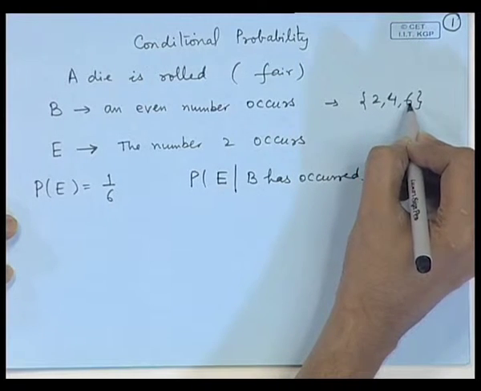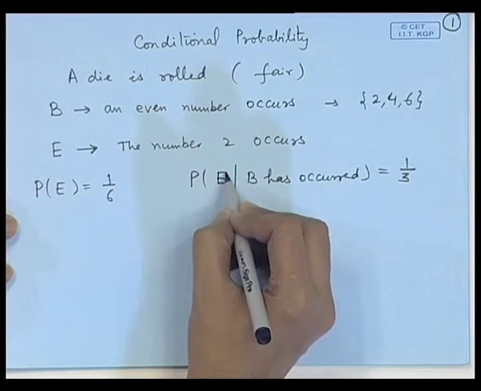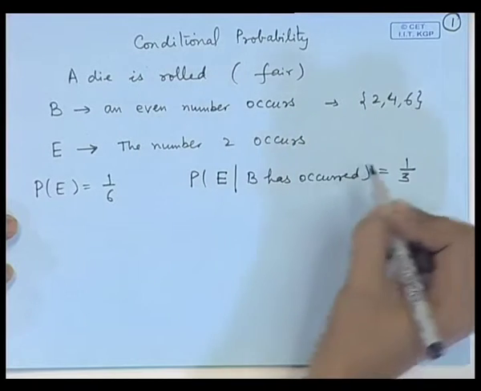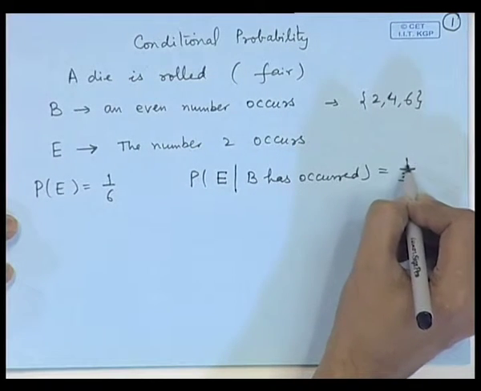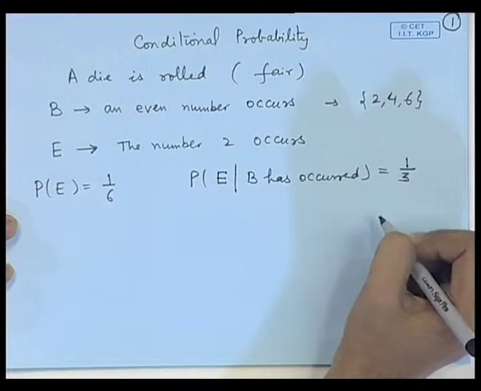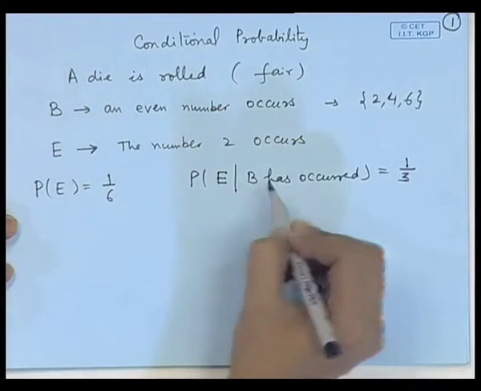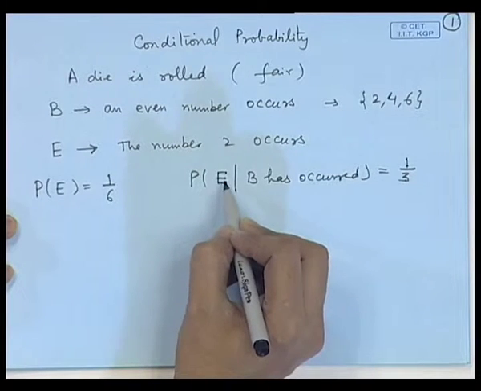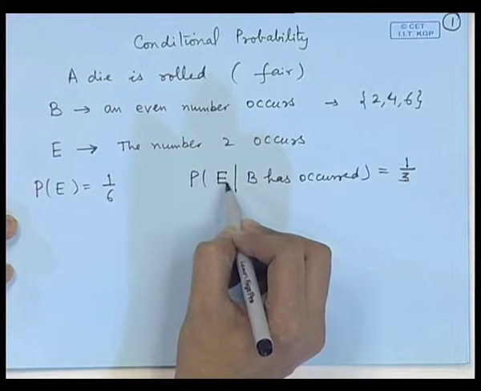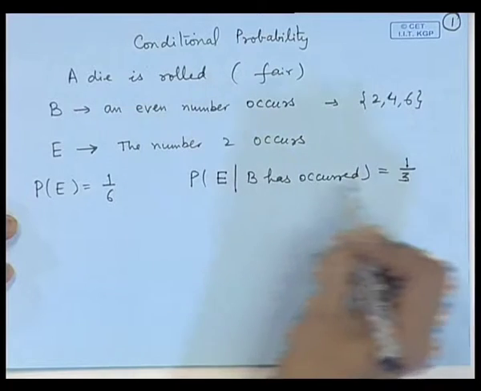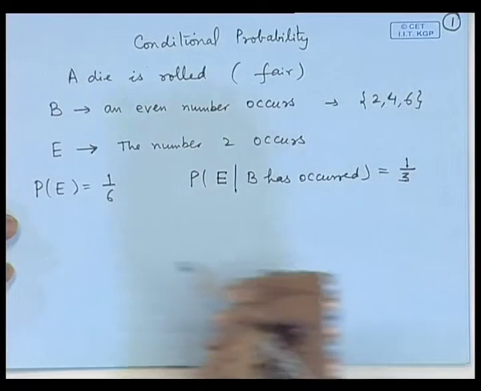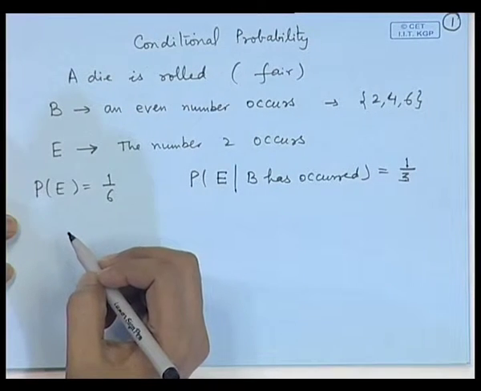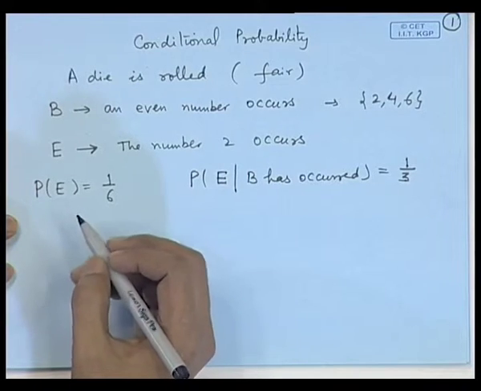Out of these, 2 is one of the 3 possibilities, and therefore the probability is 1 by 3. So you can see that the partial information helps us in making better probability statements. Let us define formally the conditional probability.